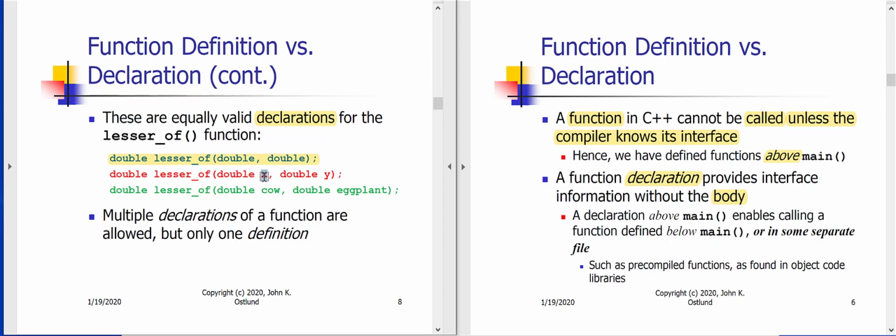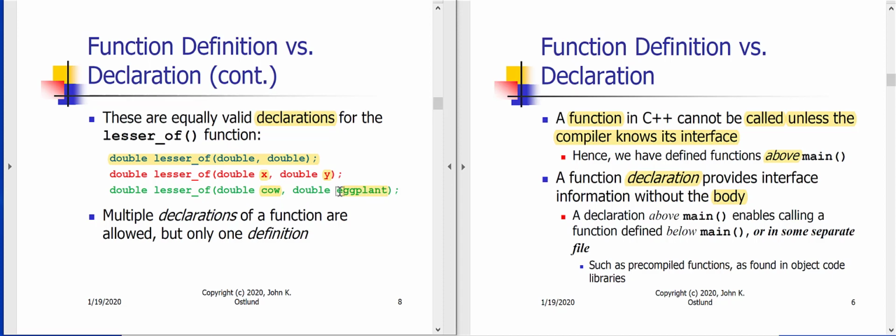We're allowed to put in parameter names like x and y, and that's fine. In fact, the parameter names that we use in a declaration don't have to have anything to do with the actual parameter names in the definition of the code. So we could, if we wanted, do something silly like saying the first parameter is cow and the second parameter is eggplant.